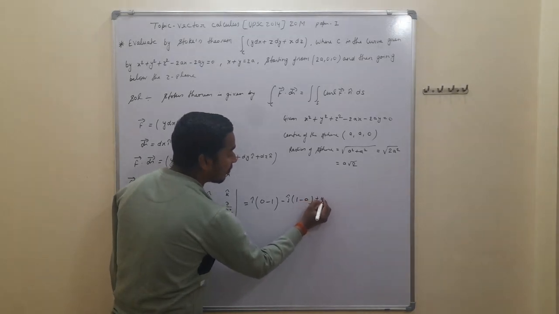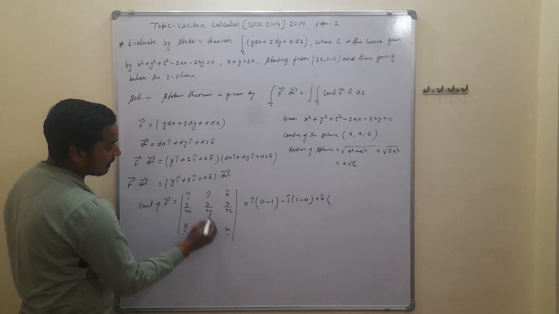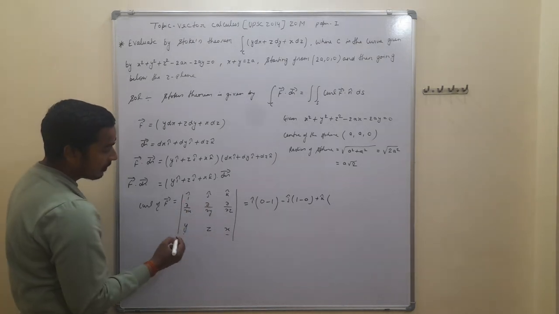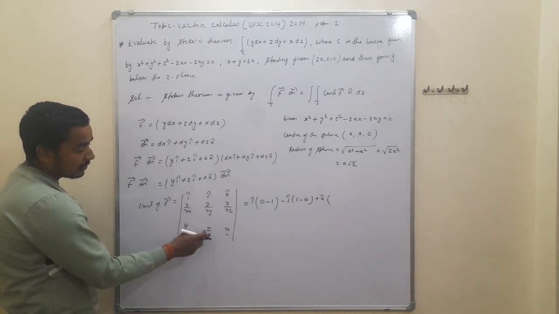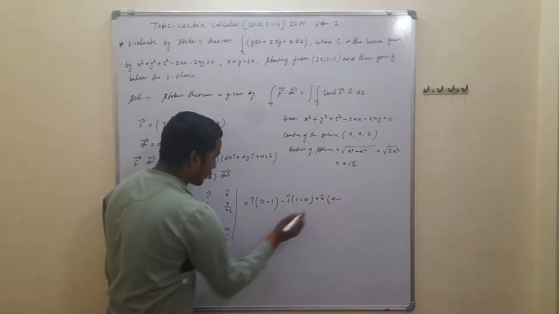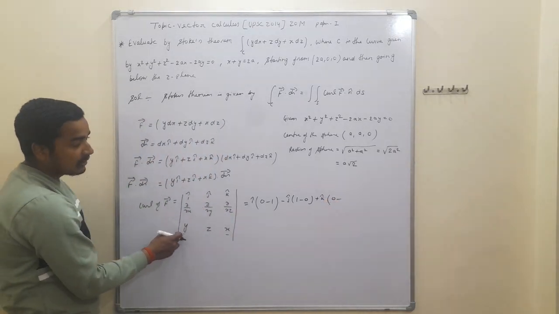Then plus k cap: removing its row and column, taking the operation between i and j, del/del x of z gives 0, minus del/del y of y gives 1.